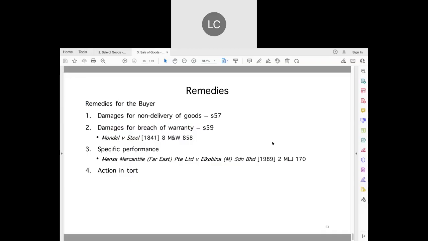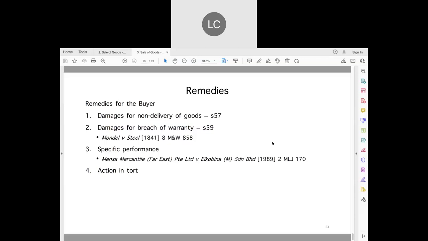And 59(1) covers both the situation where there is in fact a breach of warranty by the seller and where the buyer elects or is compelled to treat any breach of a condition by the seller as a breach of warranty. So under such circumstances, the buyer will have several options.